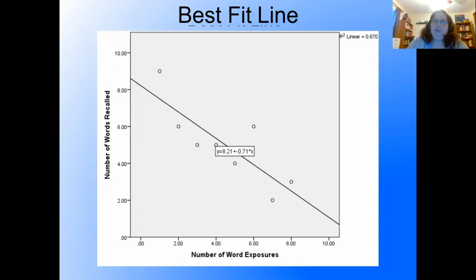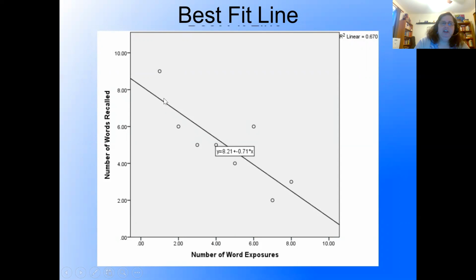So whereas the first line was indicating a positive relationship, this line's indicating a negative relationship, right? Because it's going from upper left to lower right. As x increases, y decreases. So that's interesting, but perhaps the even more interesting thing about this is that this best fit line goes through none of our data points.